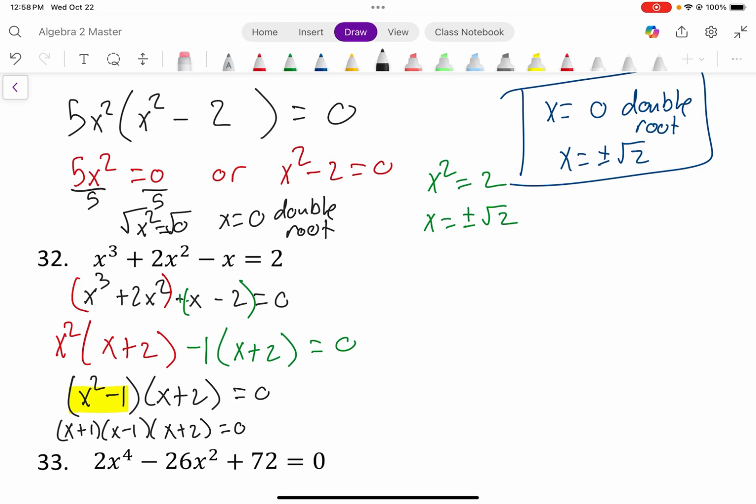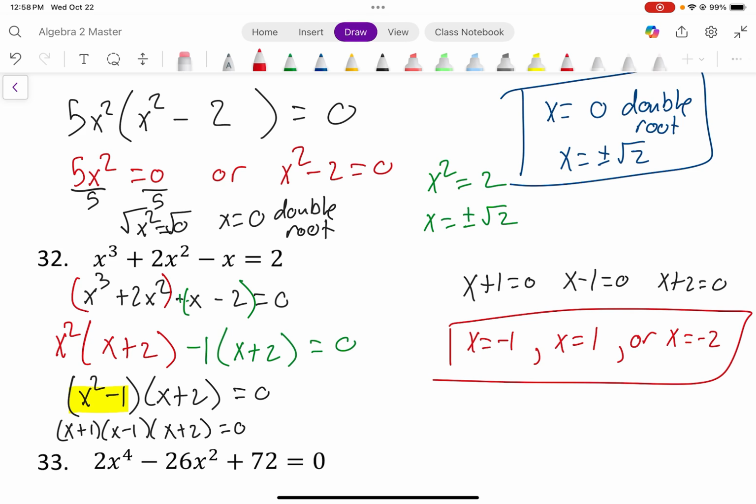So instead of x squared minus 1, I can write it as x plus 1 times x minus 1. Now I have x plus 1 equals 0, x minus 1 equals 0, x plus 2 equals 0. So I end up with x is negative 1, x is positive 1, or x equals negative 2.